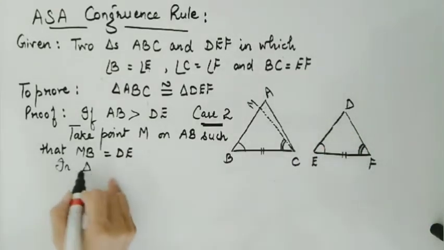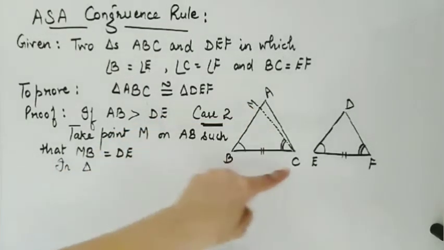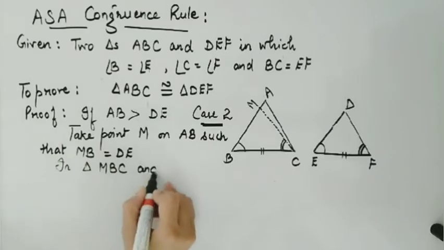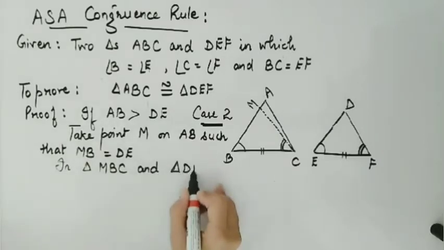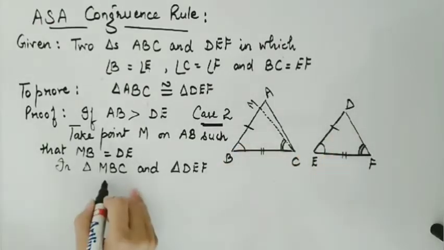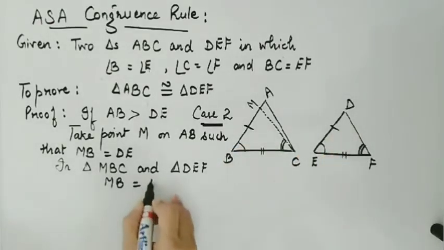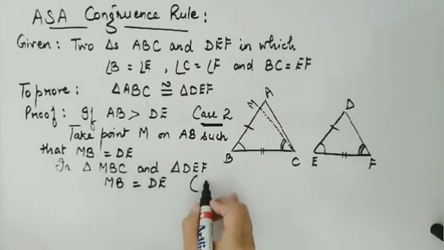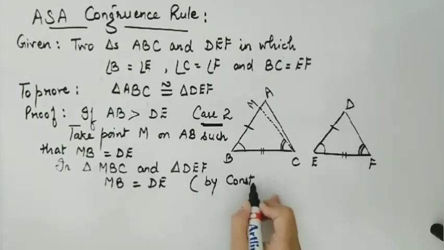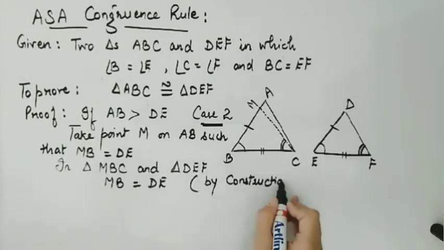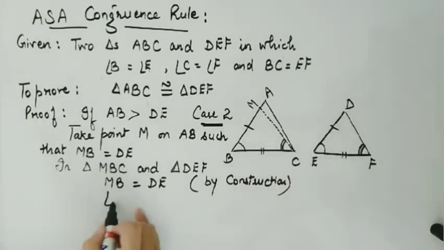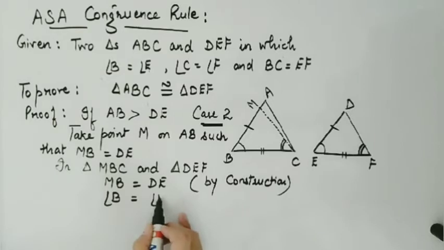Now in triangle MBC and triangle DEF, one is MB is equal to DE. This is by construction. Another is angle B is equal to angle E. Rest of the parts would remain same.